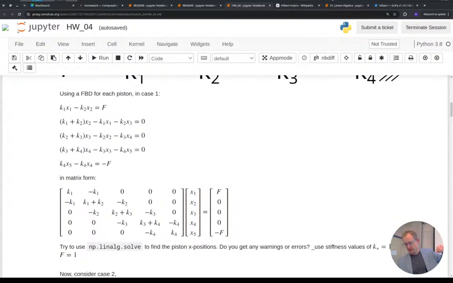And then in equation 2, I have x2, x1, and x3, and there are coefficients for all of those, but x4, x5 don't affect the position of x2, at least not directly. They're all connected because it is a linear set of equations, but same thing, running down that list, and then all those f and 0 and 0, 0, and negative f, those applied forces, are the right hand side.